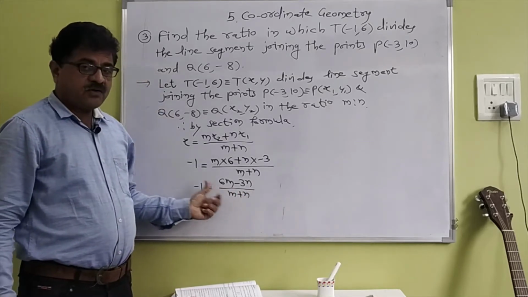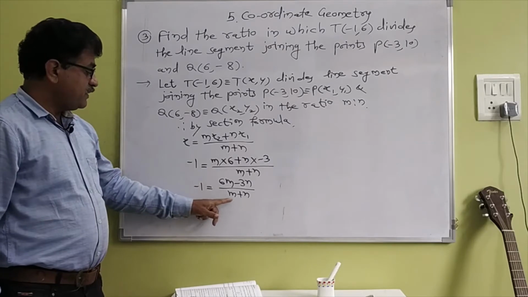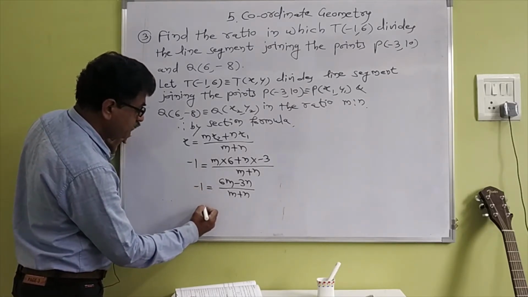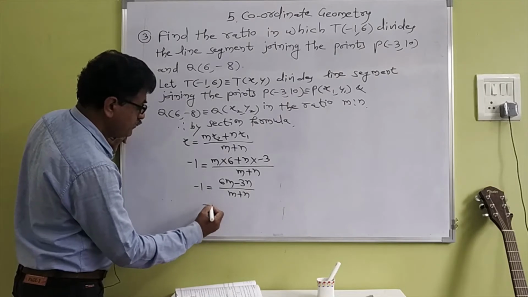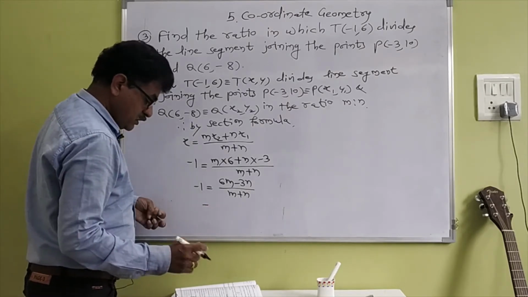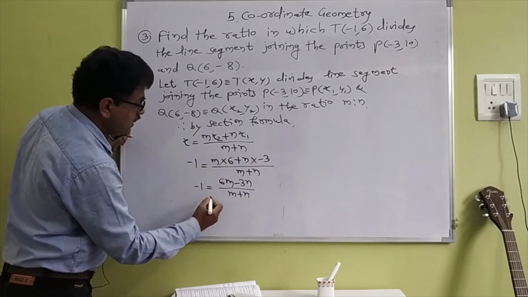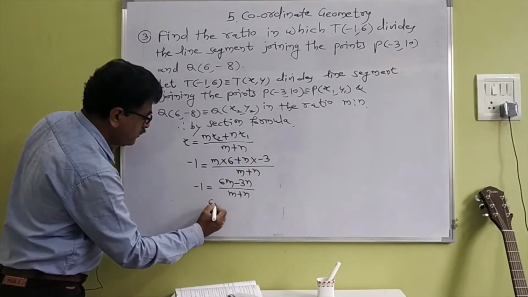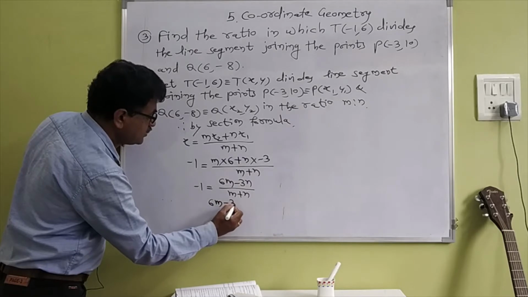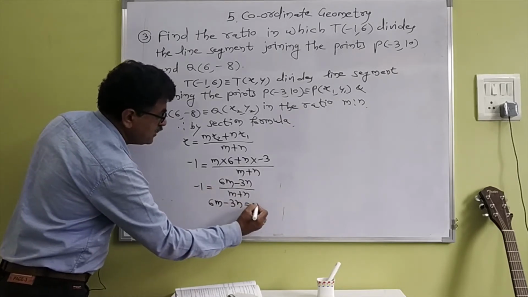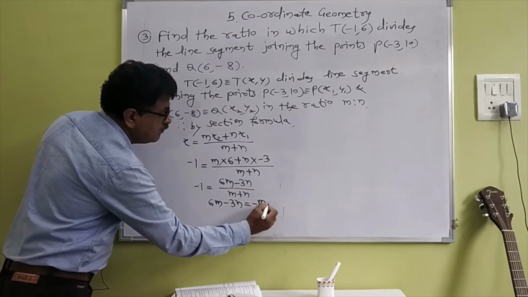Now here, taking cross multiplication, multiplying by -1, that is minus m minus n, on the other side we write 6m minus 3n. First write down 6m minus 3n is equal to minus m minus n.